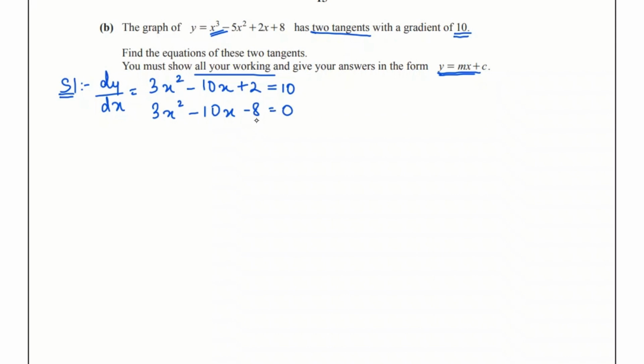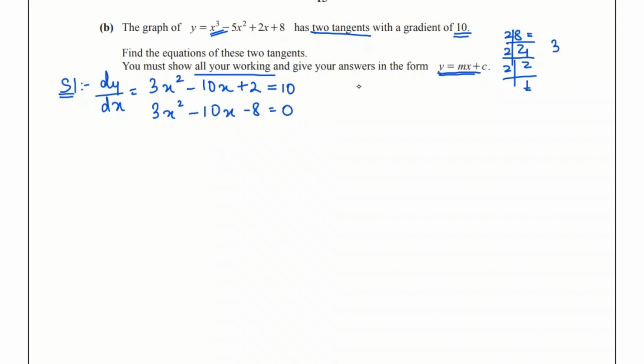Let's see if we can find out factors of 8 and 3. Factors of 8, 2 fours are 8, 2 twos are 4, 1 eights are 8, and we have 3. We need to have subtraction.